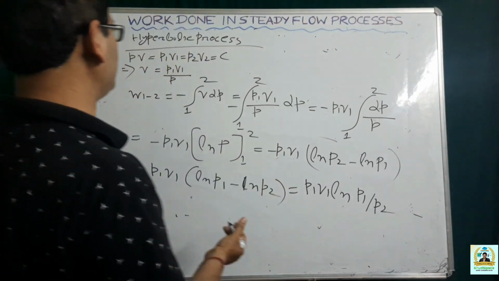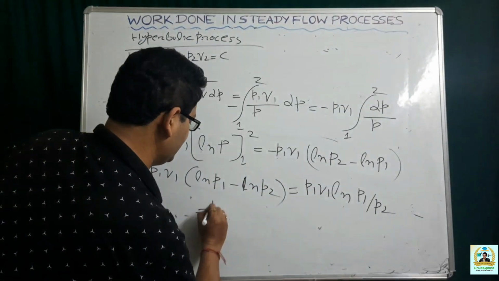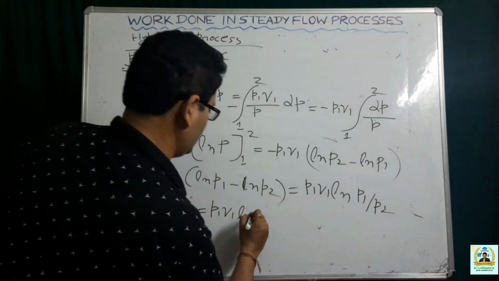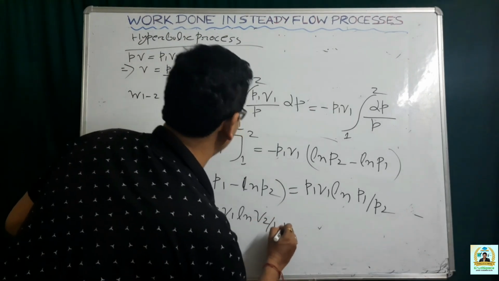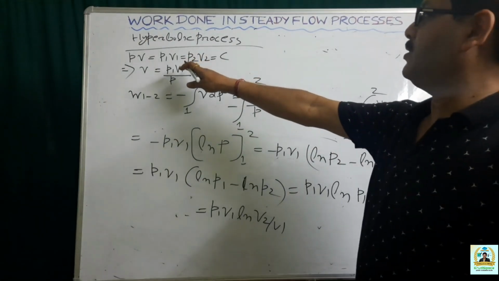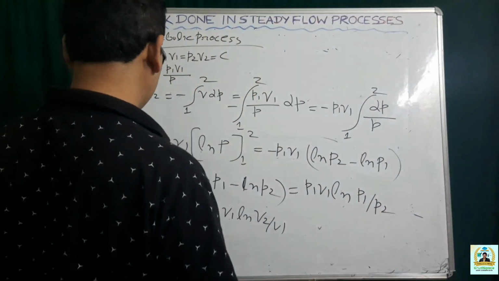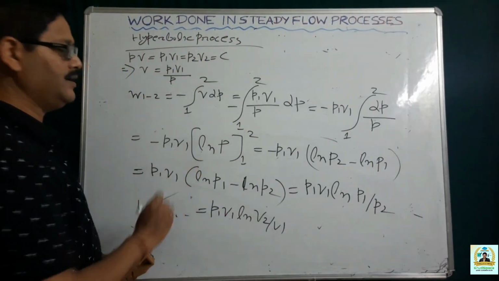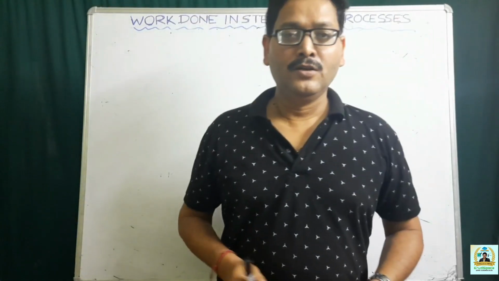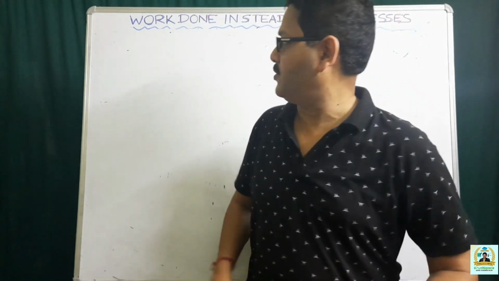And for hyperbolic process, you can also represent this as P1V1 ln V2 by V1, because P1 by P2 is equal to V2 by V1. So this is actually the work output for a hyperbolic process. Now we'll derive the expression for work done in a polytropic process.